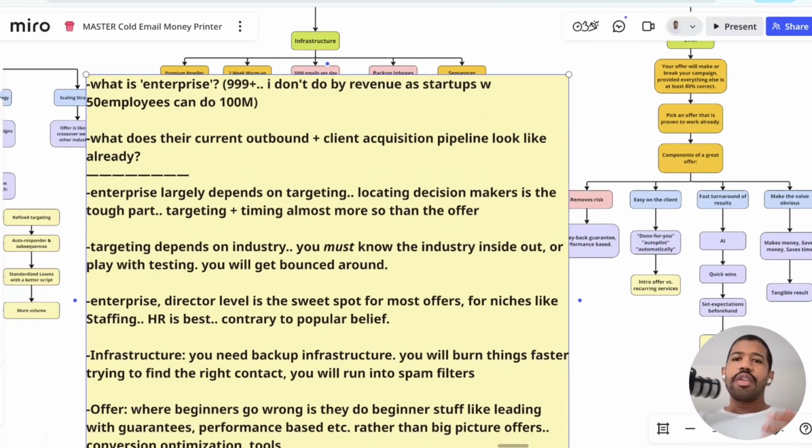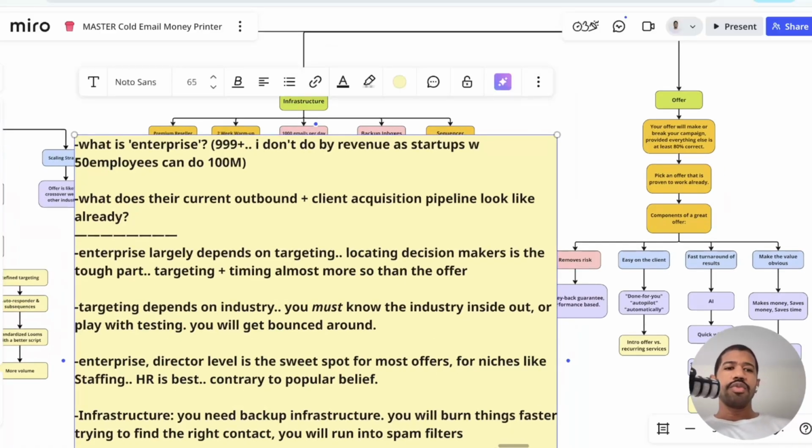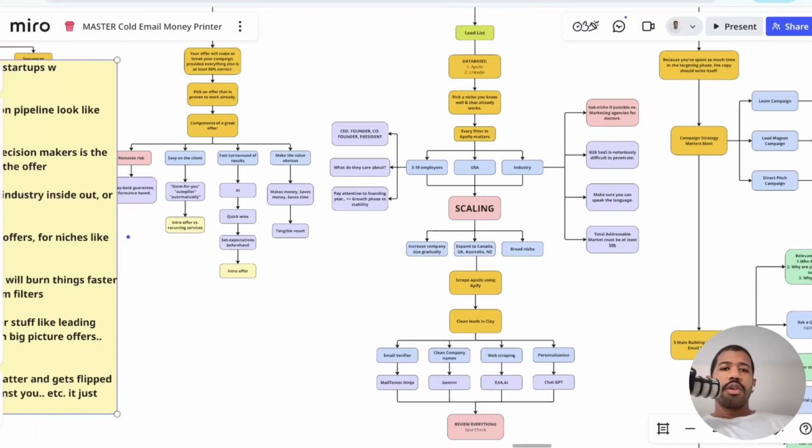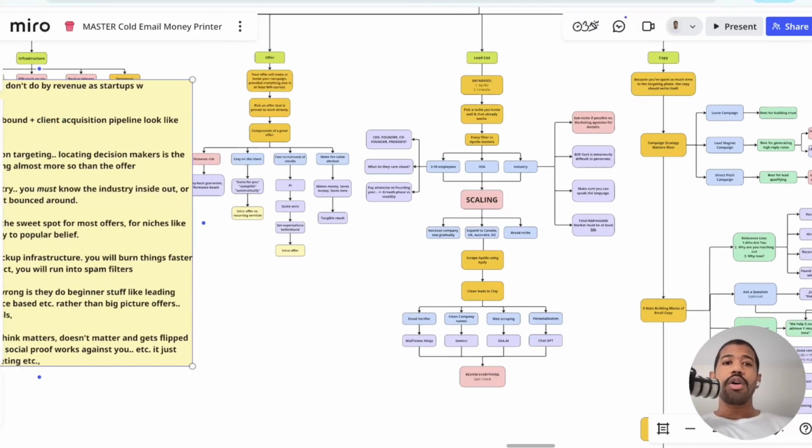So now that we figured out what enterprise is, we know the sizes of companies that are likely going to have the budget we're talking about. And it's very difficult to get accurate budget information as well, which is why I don't typically filter by revenue, because the revenue data is often wrong.